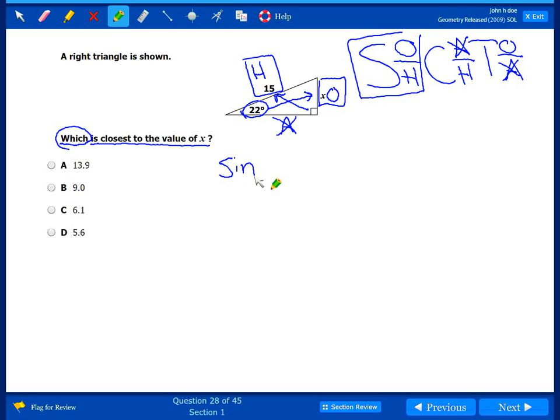So we write sine of 22 degrees. Again, we always put the angle next to sine, cosine, or tangent. It's going to be equal to opposite x over 15. Remember, when x is up high, you multiply the 15.